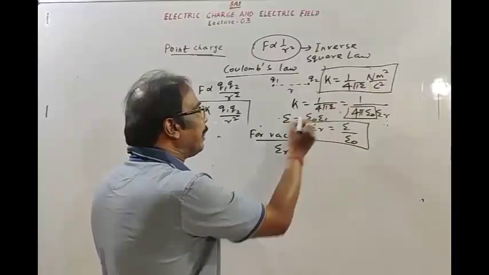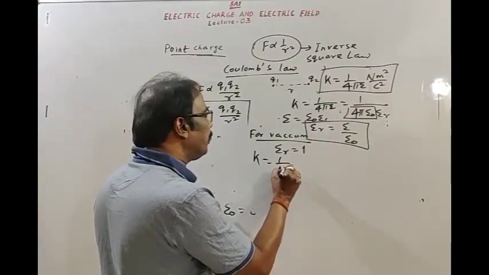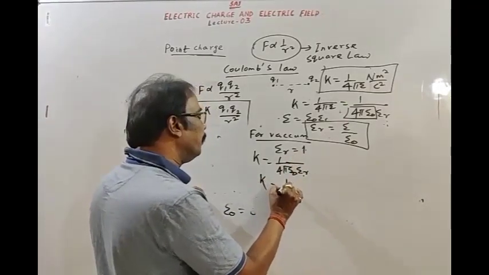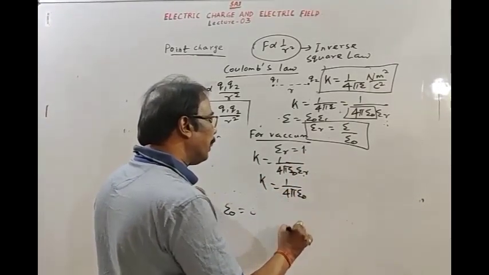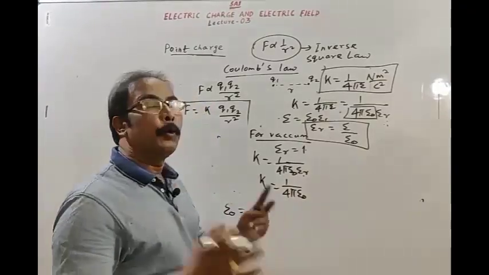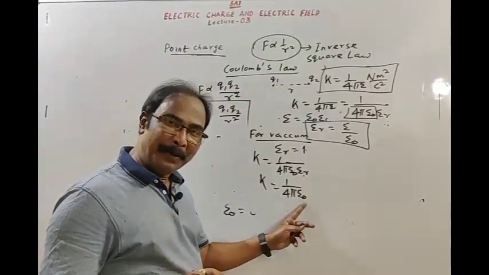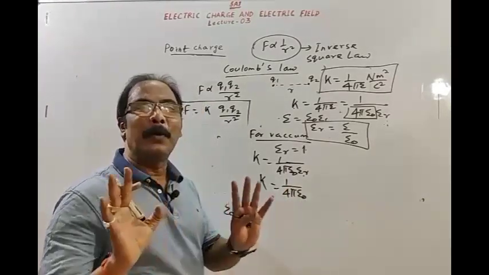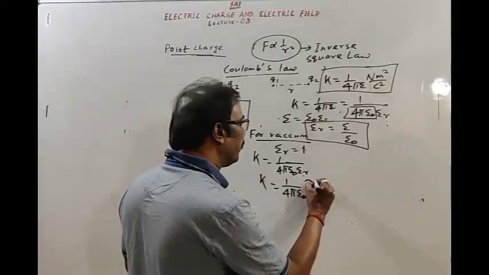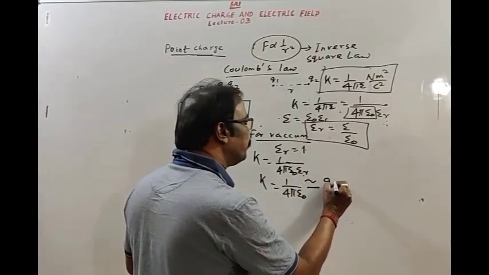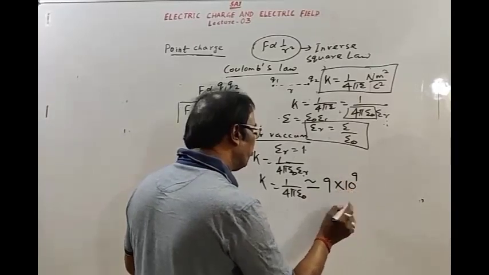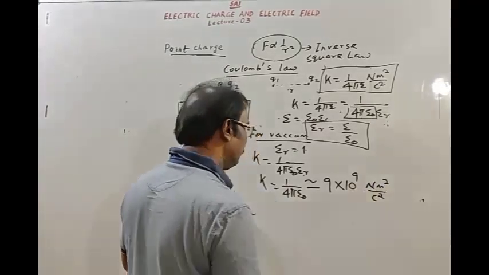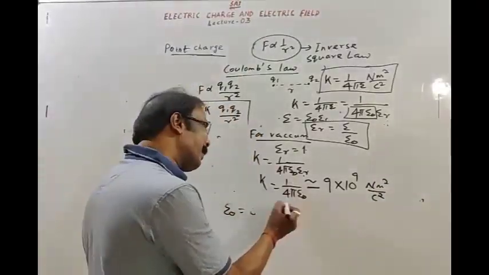Then for vacuum or air, K is 1 divided by 4 pi epsilon naught epsilon r, but here epsilon r is 1. For vacuum, K is 1 divided by 4 pi epsilon 0, and we know the value of epsilon 0. Now we can calculate its approximate value. The nearer value will come as 9 into 10 to the power 9, with units of K Newton meter square divided by Coulomb square.